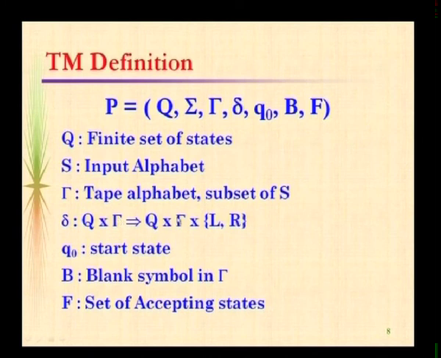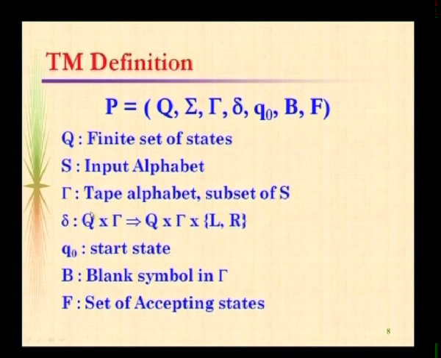That is your gamma, and after reading or even after writing, we will not stay on the same cell. There is a need to show progress in the recognition or computation process, and that is done by moving towards the right or towards the left. So, the direction is the third output as far as any Turing machine transition is concerned.